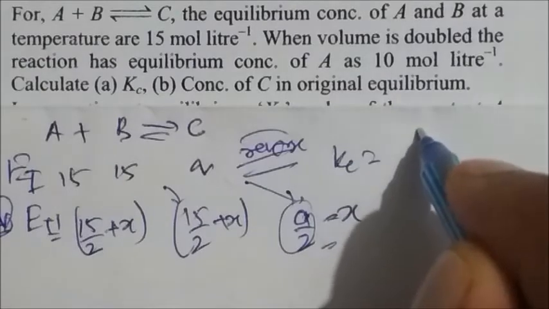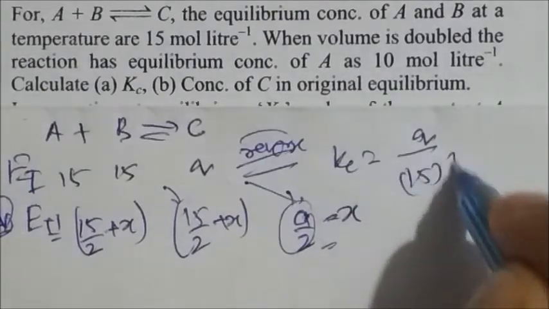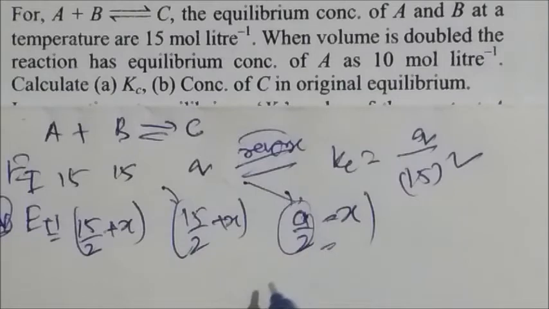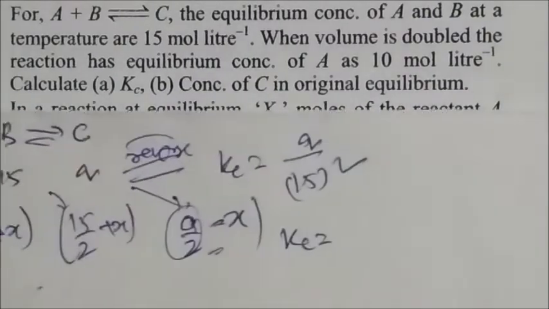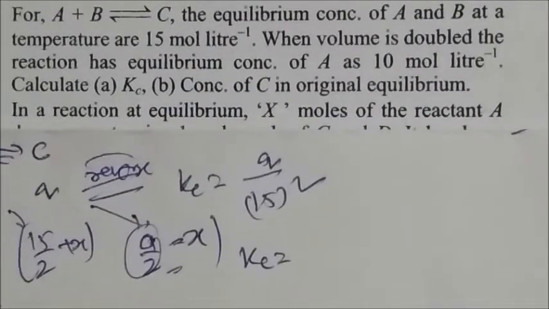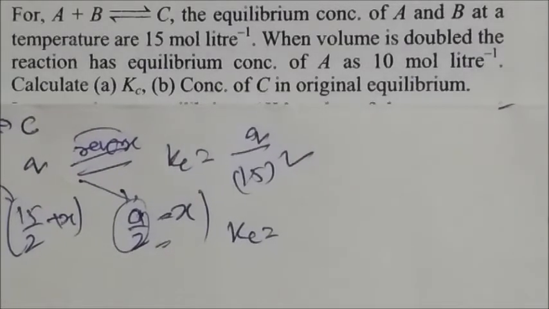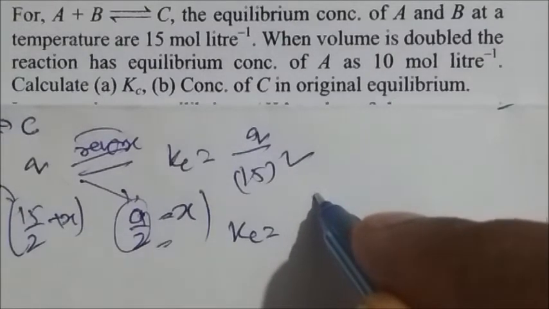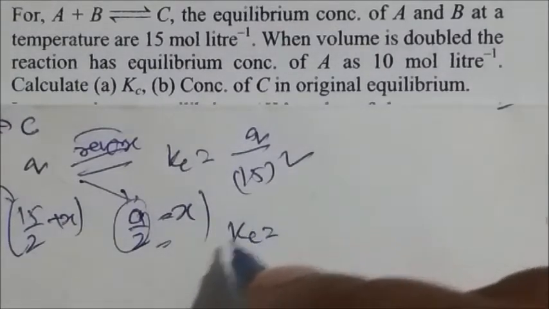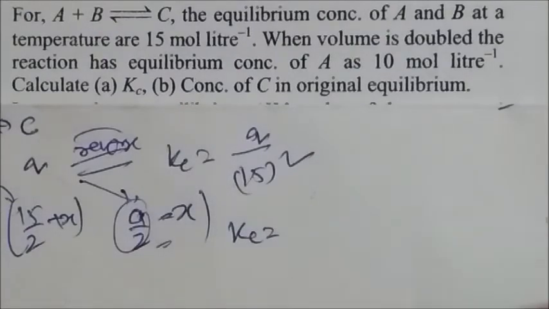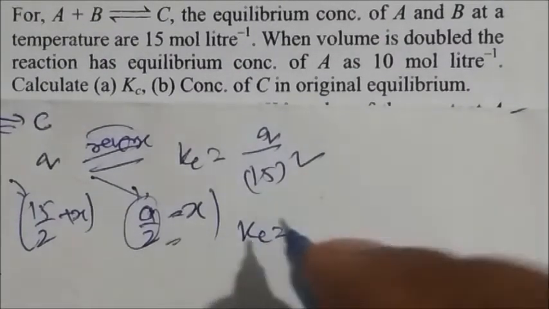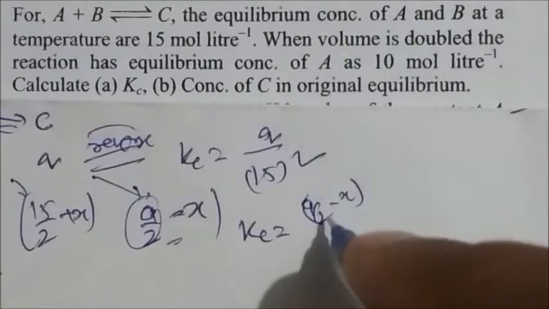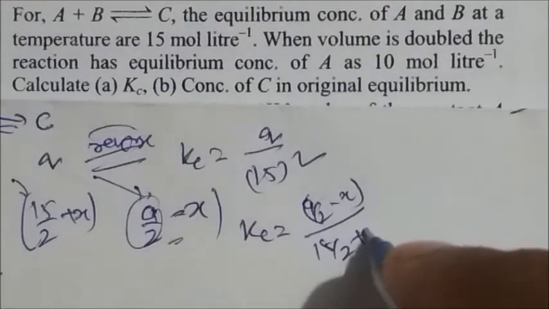Now for the first case, what was the Kc? Kc was A divided by 15 square. Now in the second case, Kc will remain the same. So for the second case, Kc will be equal to (A by 2 minus x) divided by (15 by 2 plus x) whole square.